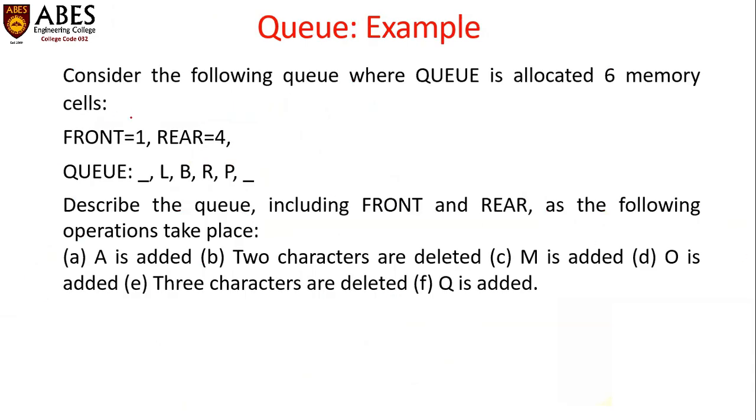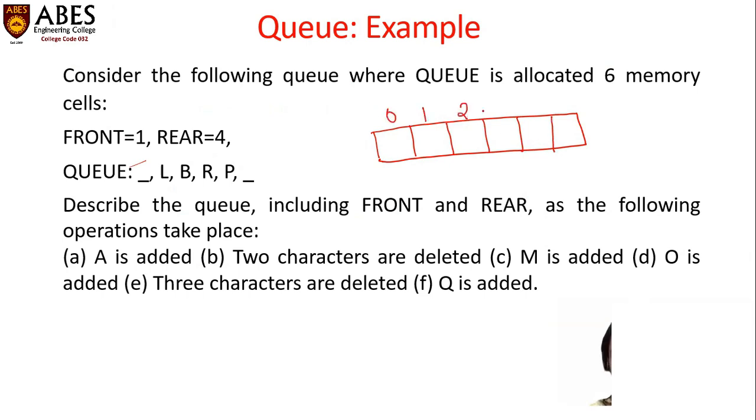Let us consider another example where we have memory cells of 6 elements. We are allocating the memory spaces to all these locations. Initial memory position is blank. Then there is L, P, R, T. This is the initial setup of a queue.